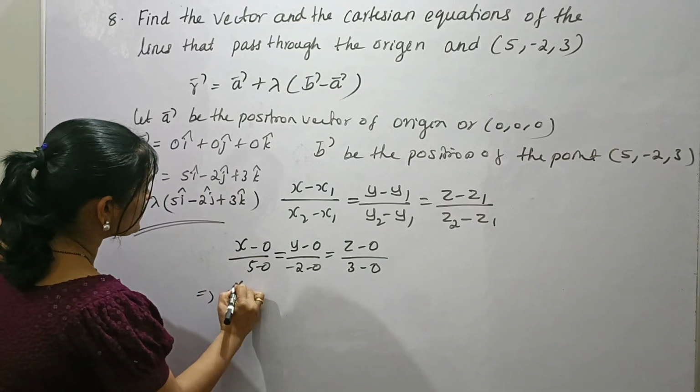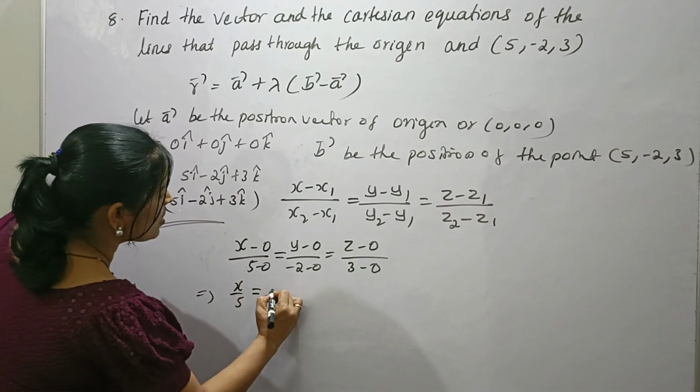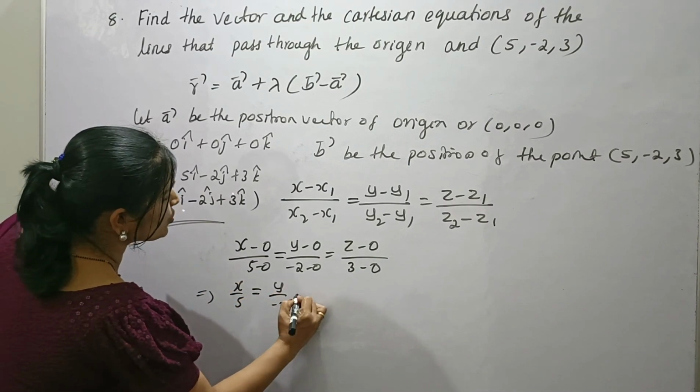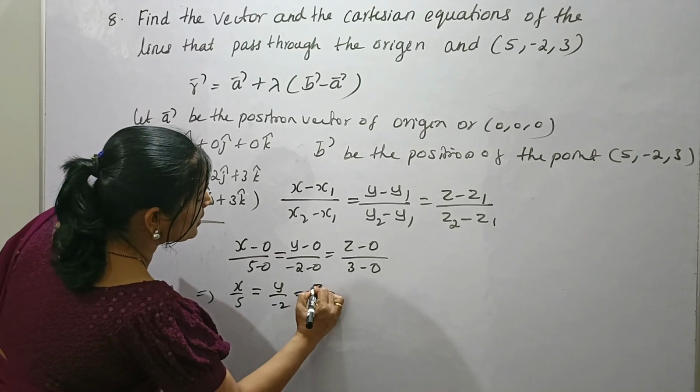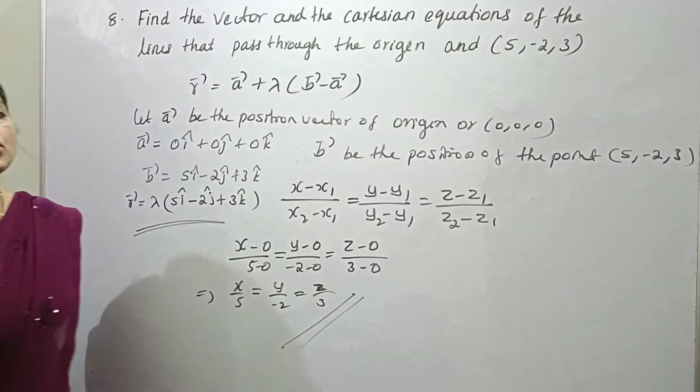That implies x/5 = y/(-2) = z/3 is the Cartesian equation of the line.